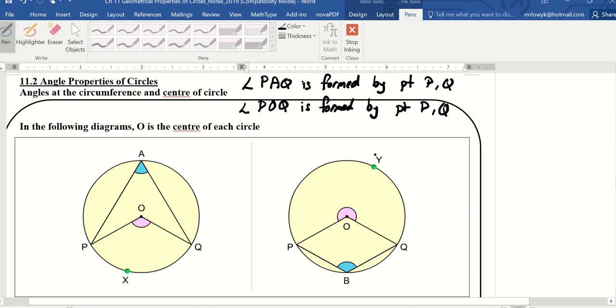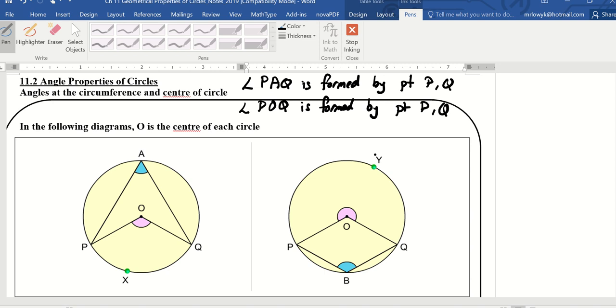Now let me do this exercise together with you. I'll do one time, you'll do one time on paper again. Now later on I'll ask you this question. Every single question I'll ask you the same question: this angle is formed by which 2 points?